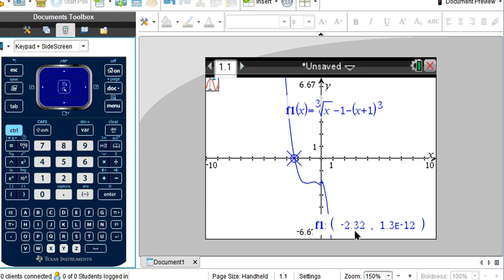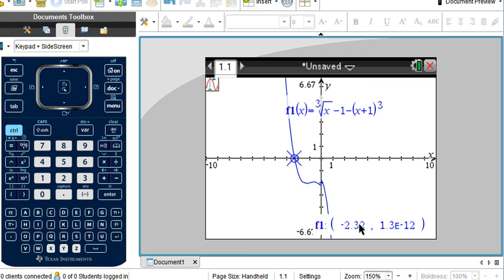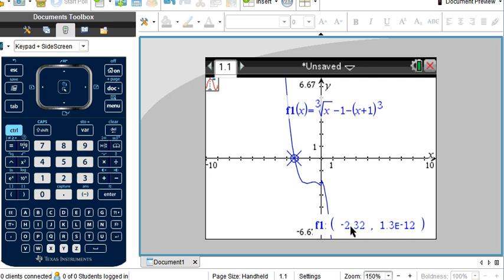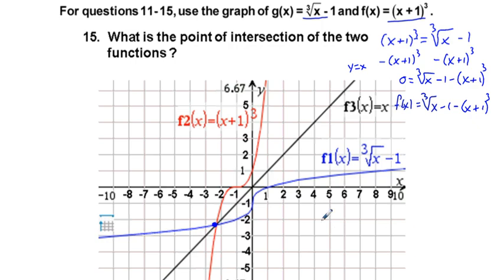I have trouble hovering over that, and I'm unable to do that. But we're going to get negative 2.32.